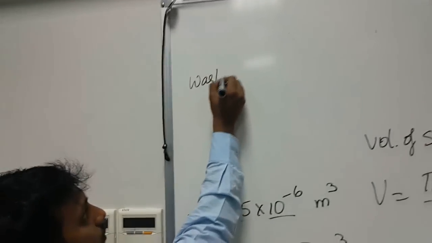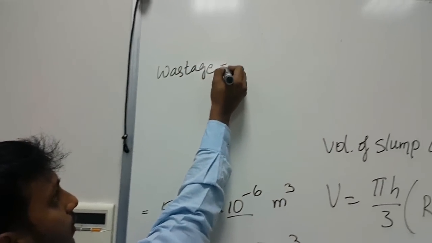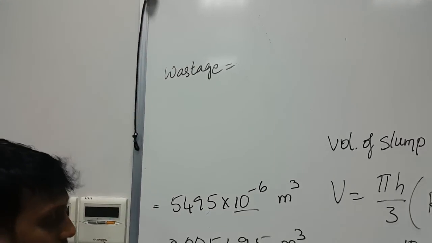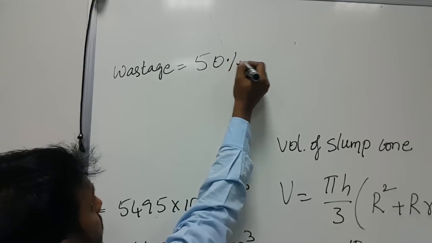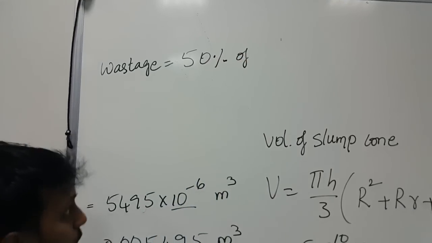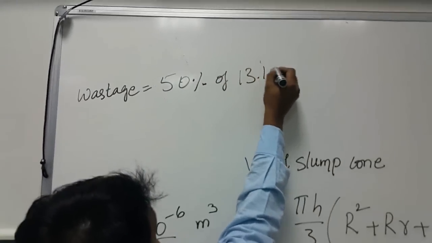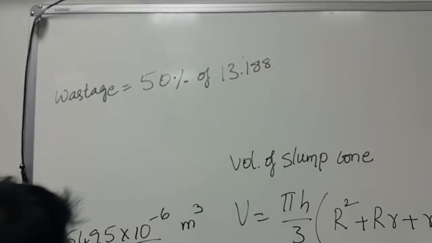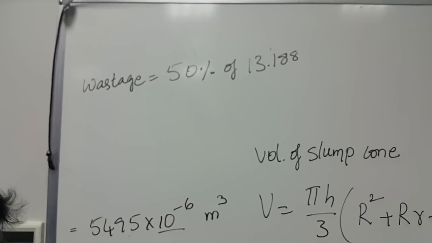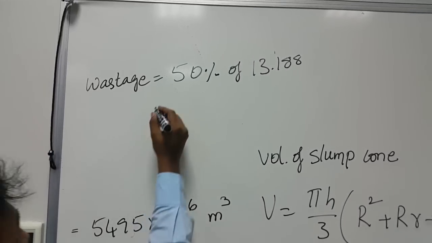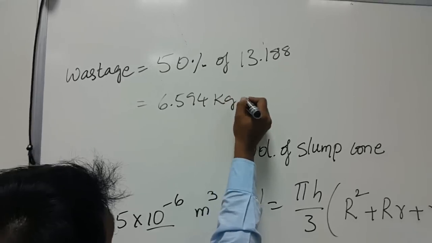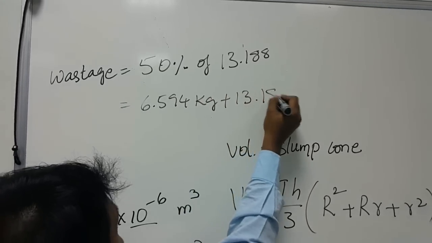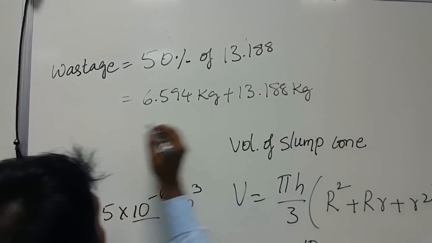So we'll consider some wastage. When we are doing this experiment, we'll have some wastage of concrete. We'll take the wastage of concrete as 50% of this weight, 50% of 13.188, that is 6.594 kg, plus 13.188 kg.